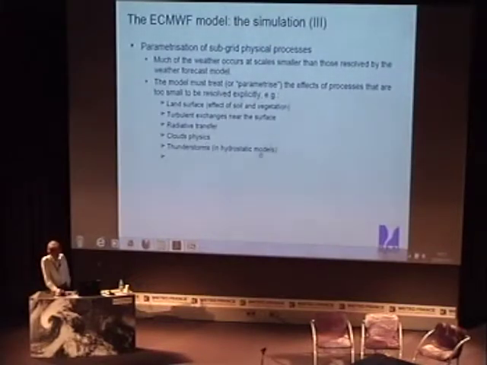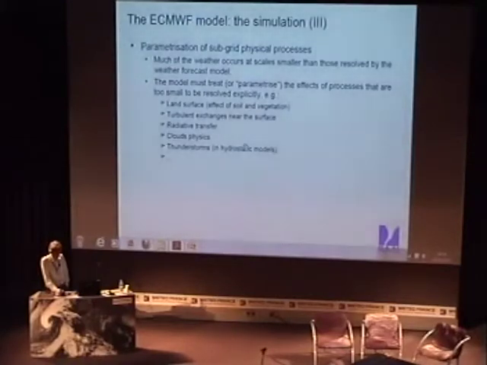The ECMWF model, when I showed you the equations earlier, is still a hydrostatic model. It means that it considers the atmosphere in balance vertically. This is something that you can do so long as you are fairly coarse in your grid.